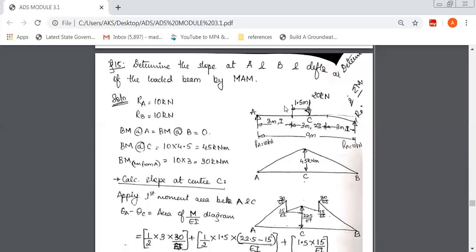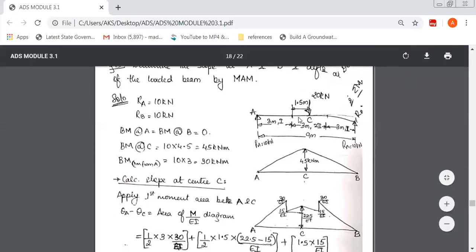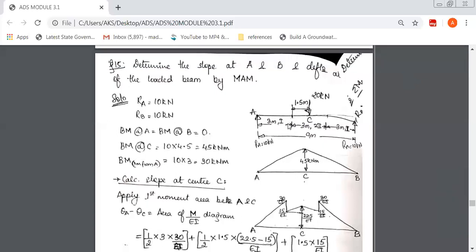That's why we are doing this additional step, finding the bending moment at 3 meter from the left support, at A. Same thing: 10 into 3 is 30 kilonewton meter.